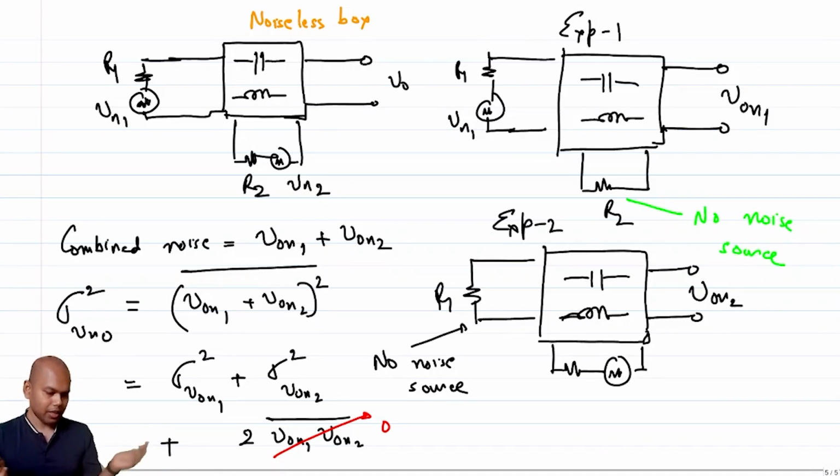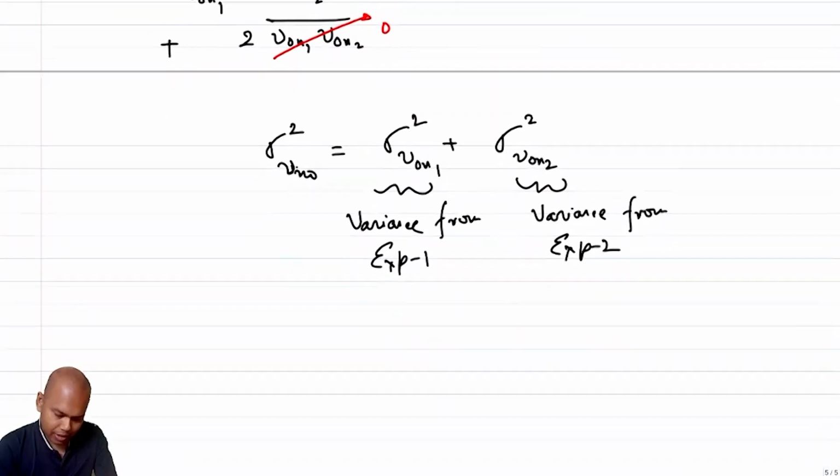In essence, if I have noise from n different ports, I can do the noise analysis for each of those ports and find out the power spectral density or the variance at the output, whichever analysis you are doing, and each of those experiments will lead to a result. When all the noise sources are combined together, the total output noise will be the summation of all those individual analyses, right? So that eases our analysis quite a lot.